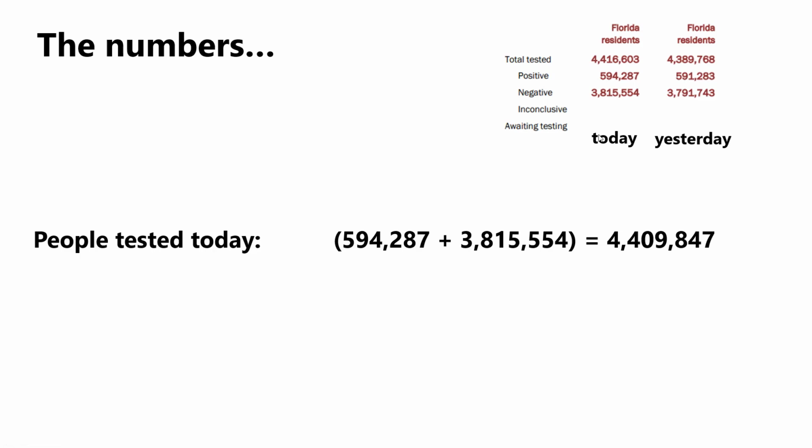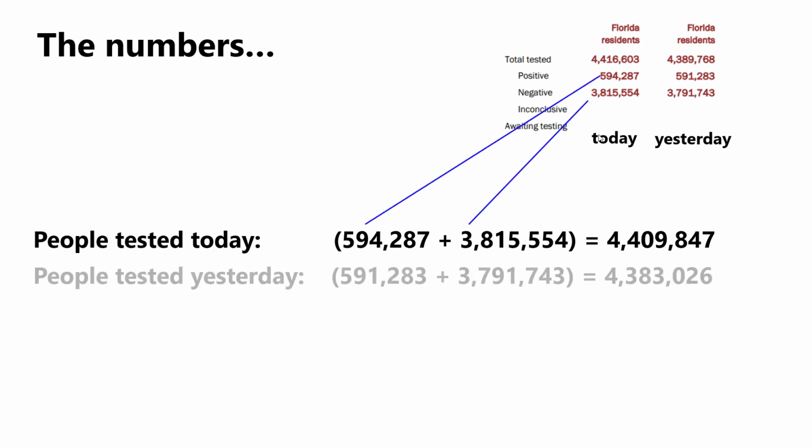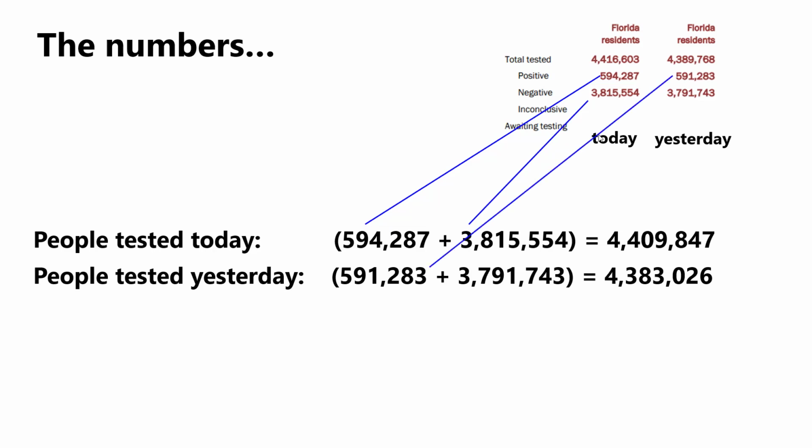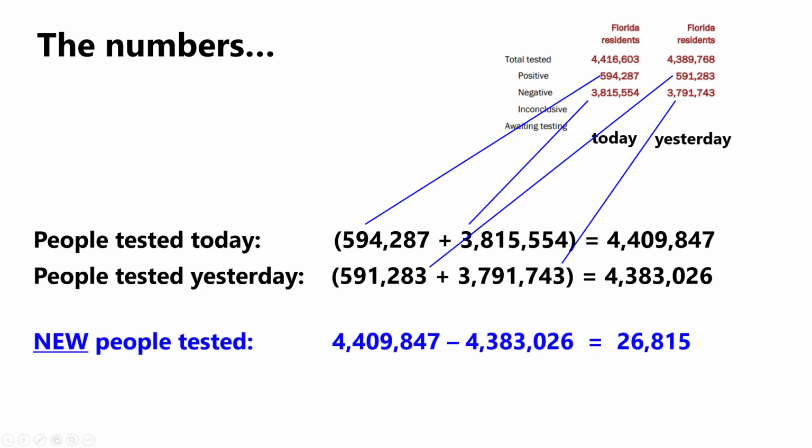If I took the same data from people tested yesterday, again, there's my numerator and my denominator, and I subtracted these two cumulative numbers, I would get the total new people tested today. Because each of these reports is showing me cumulatively, up until the date of the report, how many people have been tested. So if I just subtract those two, I can get a good estimate of the new people tested today. Not positive, not negative, it's just new people tested today.